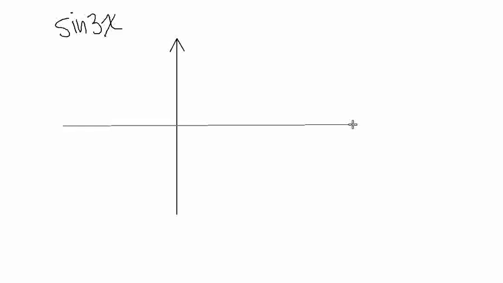Okay? So, you hopefully know that multiplying the x by 3, the effect of multiplying the argument, the x value, by a number, is that it either causes a stretching or compression in the horizontal direction.